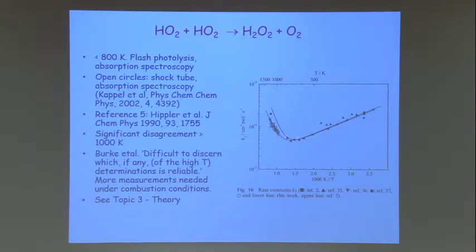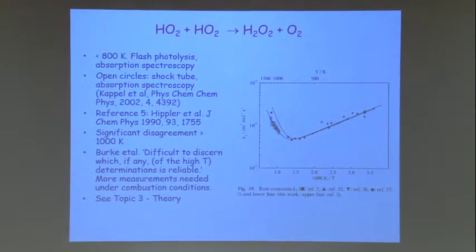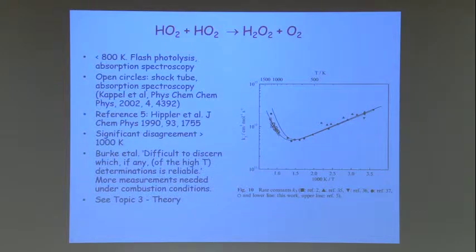The only problem is there are two sets of measurements. This is one set, and the upper line is another set, and they disagree really very, very substantially. In that analysis by Burke, he said it's difficult to discern which, if any, of the high temperature determinations is reliable. So there's a considerable uncertainty in this rate constant in this region up here.